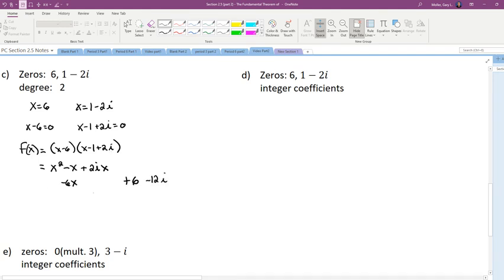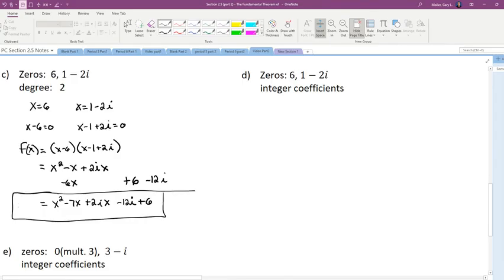And when I add these together, x squared minus 7x plus 2ix minus 12i plus 6, that would be f of x, which isn't in the real number system.